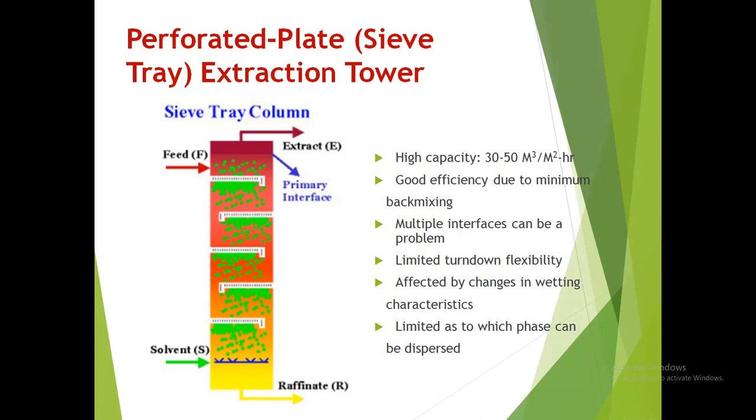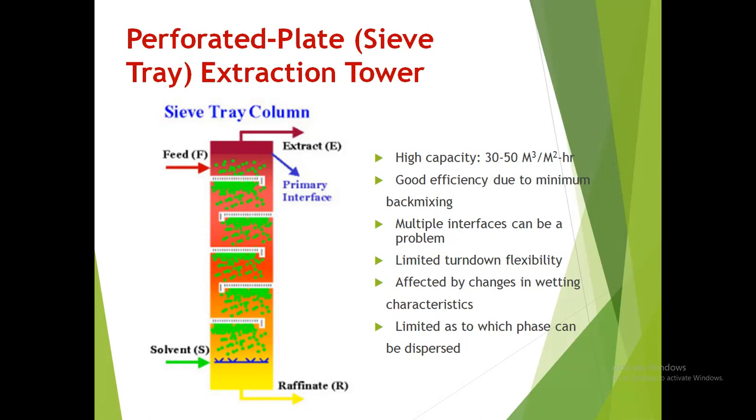Now, this can be easily affected by changes in wetting, meaning how well your descending continuous phase is wetted by the solvent that is dispersed, flowing upward counter current against it. Okay, so it's easily affected by changes in this wetting characteristic.